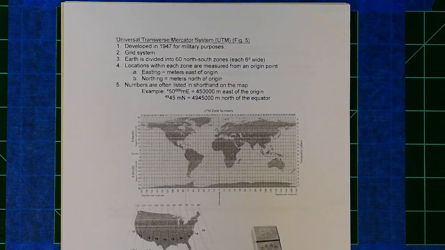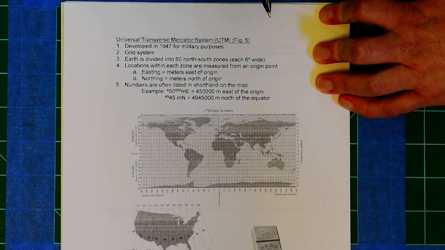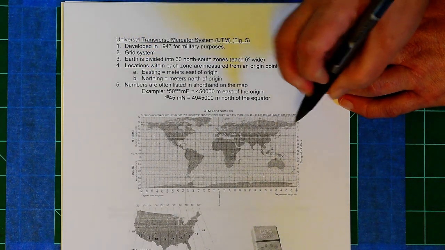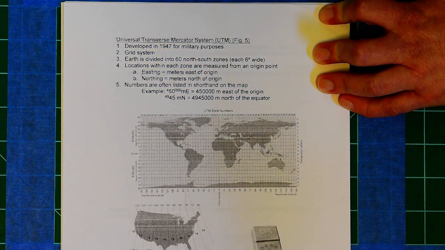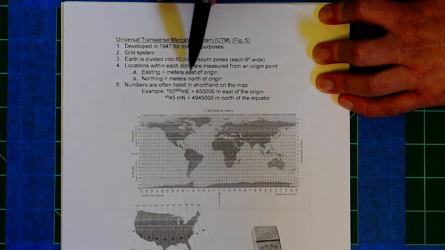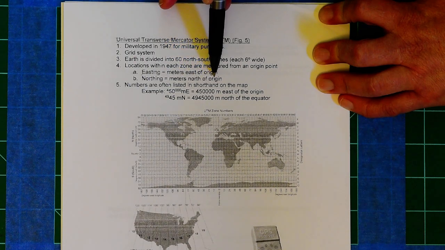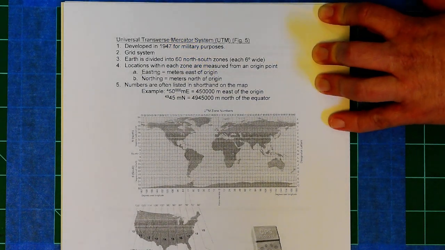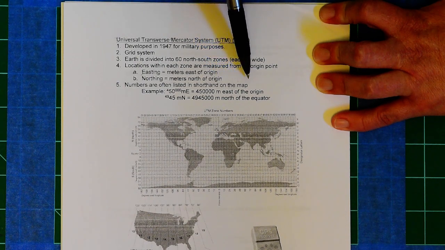And basically what you end up measuring is an easting measurement and a northing measurement. So for each one of these grid sections, there is an origin point. And you are going to measure how many meters east of your origin you are and how many meters north of the origin you are. And the numbers are listed in shorthand on the map.